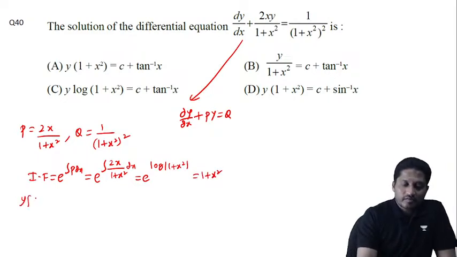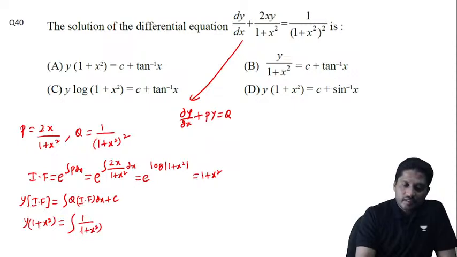Now the solution is y into IF is equal to integral q into IF and then dx plus c. Y into IF is 1 plus x square is equal to q into IF, that is 1 plus x square the whole square into IF is 1 plus x square, and then dx plus c.